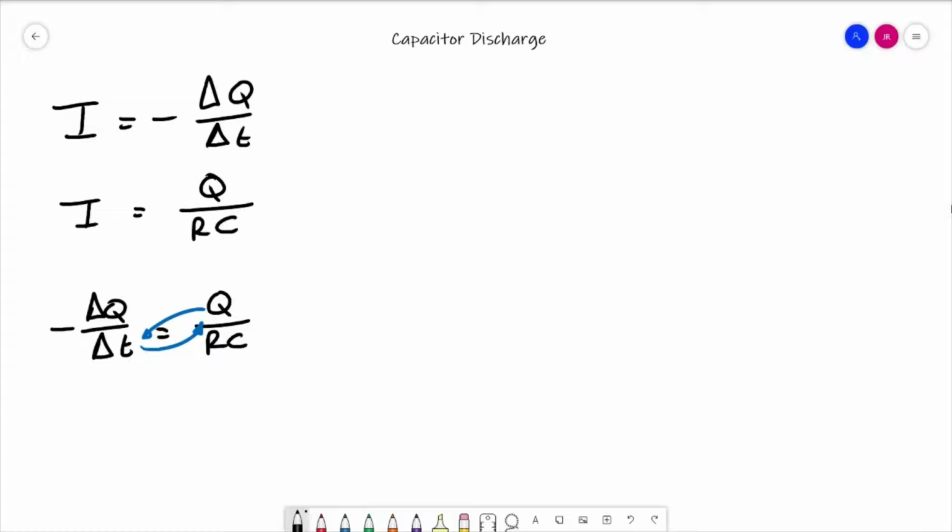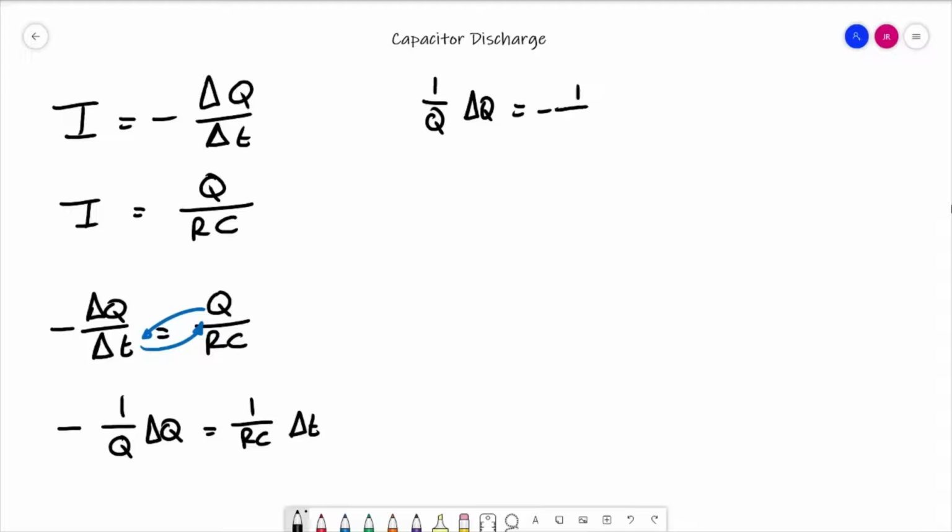So what I end up with is minus 1 over Q multiplied by delta Q is equal to 1 over RC multiplied by delta T. And then I'm just going to multiply both sides by minus 1, simply to shift this negative sign over to the right hand side. So we end up with 1 over Q multiplied by delta Q is equal to negative 1 over RC multiplied by delta T.